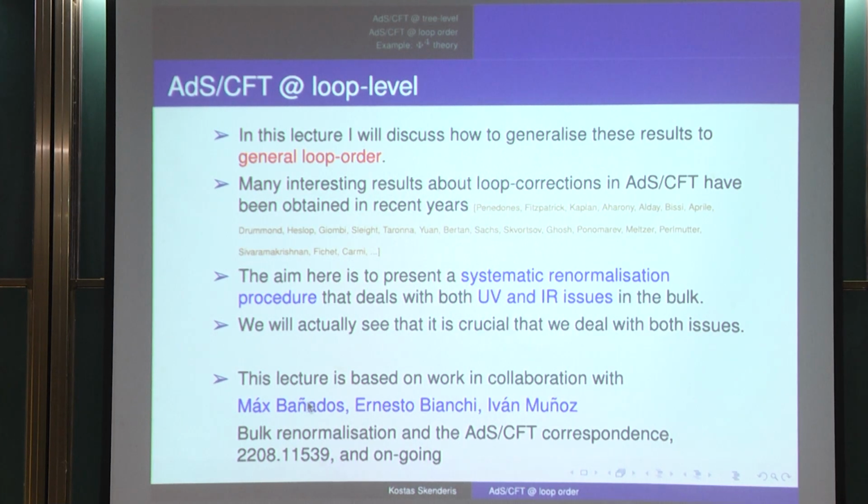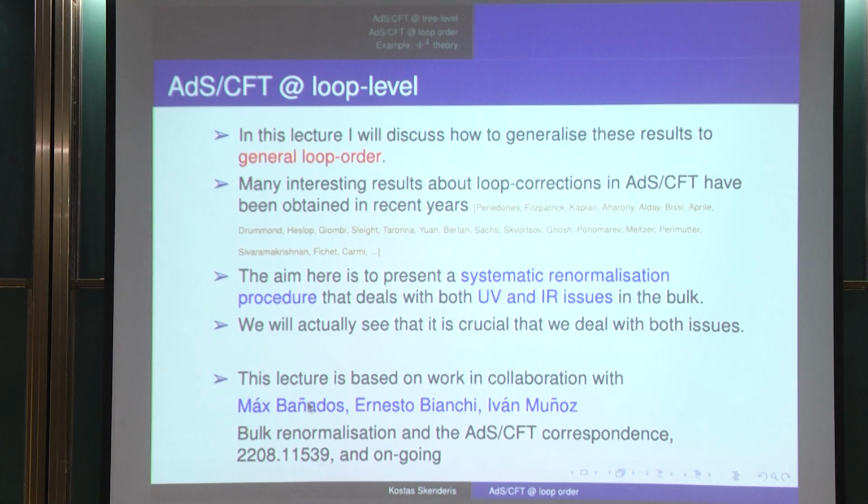But over the last 5 to 10 years, there has been a lot of interesting work in the AdS-CFT correspondence where they do start computing loop corrections. And the new tool that came into town was the bootstrap approach to CFT, which allows us to compute subleading corrections in the 't Hooft coupling, which correspond to bulk loops.